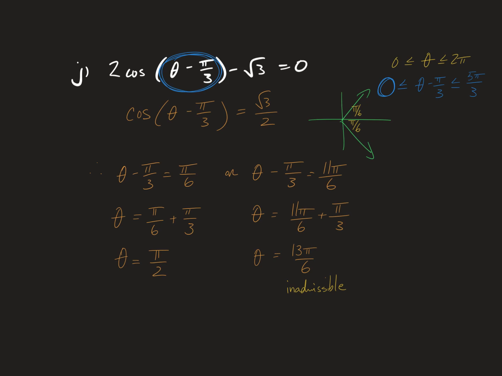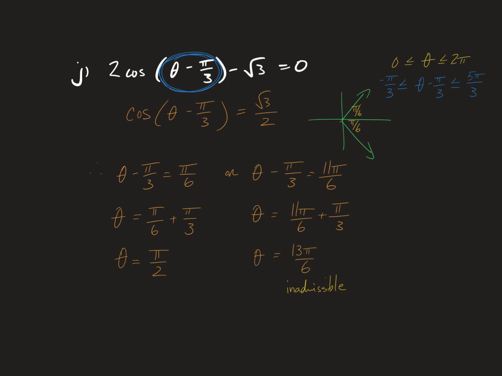Before, I was always multiplying or dividing to my angle, which means if I multiply and divide to the 0, then there's no change to the beginning of my rotation or restriction. Well, now, because I'm subtracting a pi by 3, that means that my beginning to my angle is no longer 0. It's actually negative pi by 3.